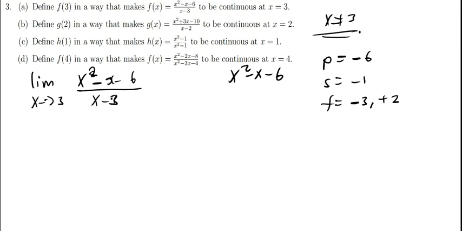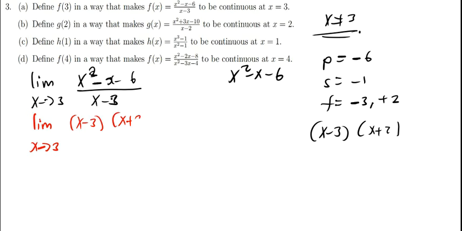So that means I now have x minus 3 and x plus 2. So I'll replace the numerator with this. I'll keep the limit as x approaches 3 of x minus 3 times x plus 2, divided by x minus 3.